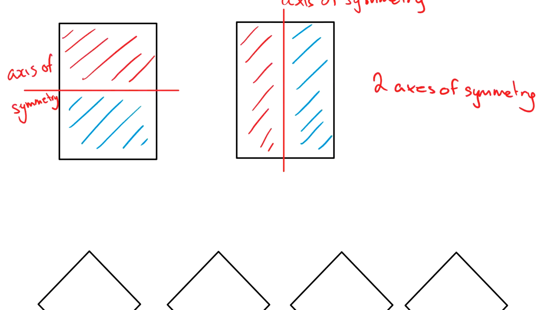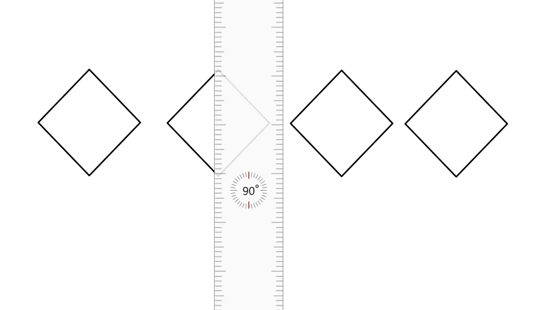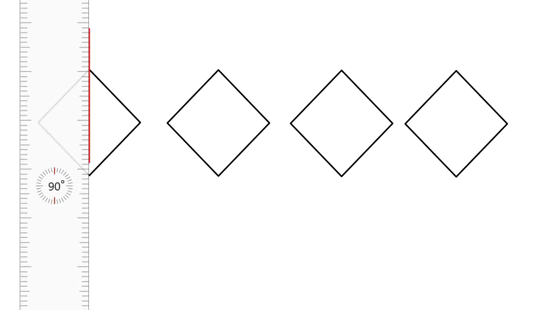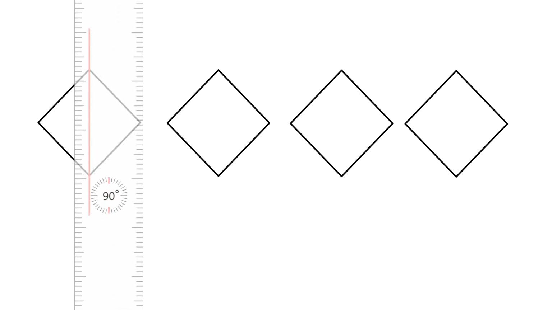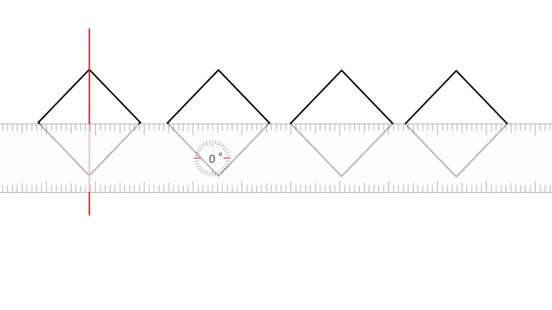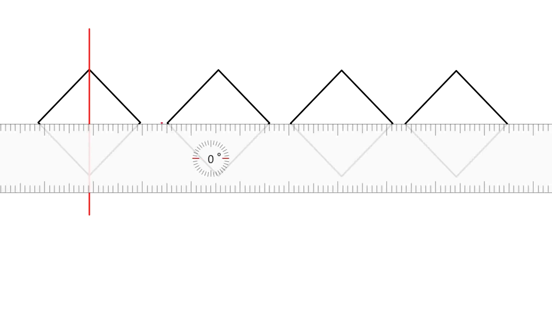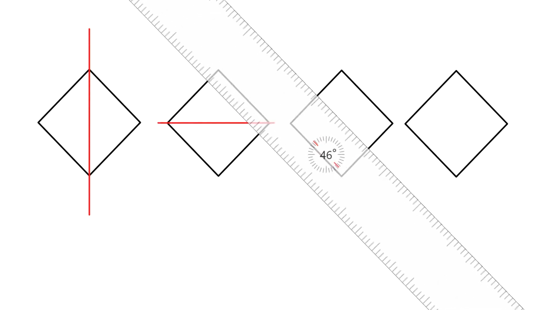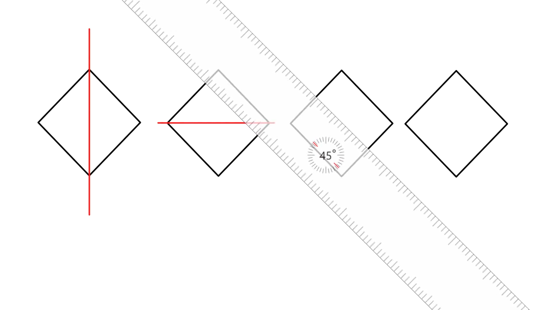Alright, if I go down to this shape here, you probably guessed it, there's probably going to be four here. So if I have my ruler, we have a vertical one, and straight across, we have a horizontal one. We also can have it going down the middle here, if I can line it up.